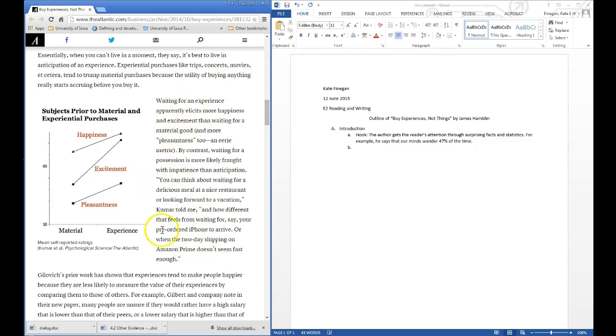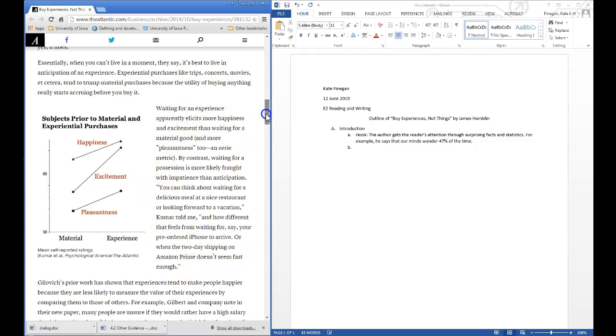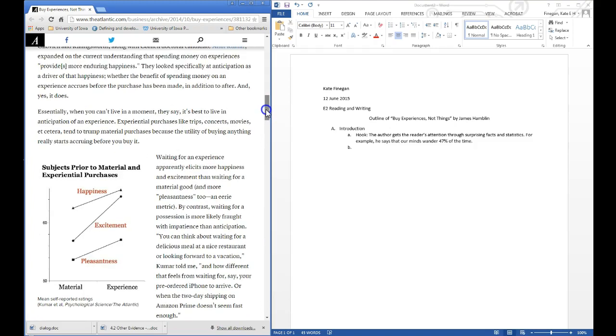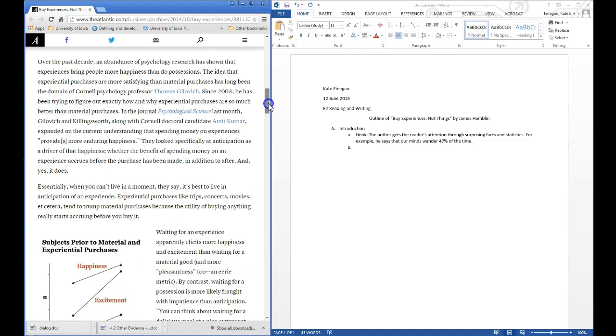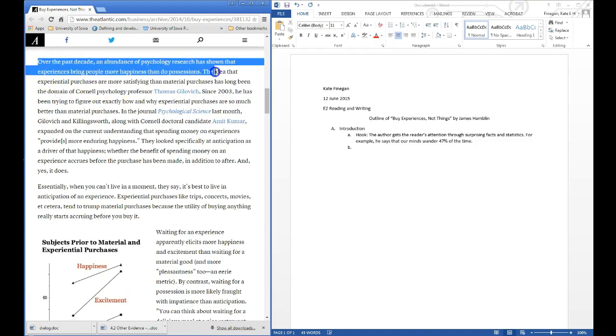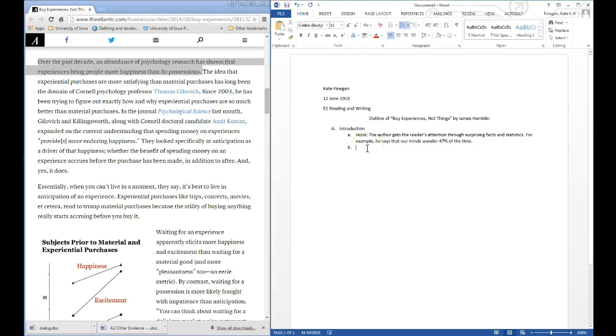Okay, so now we're getting information about when people become happy. I don't think that that's part of the introduction. Okay, so I'm going to say that this is probably the thesis statement. Okay, and I don't want it to be a different font size.